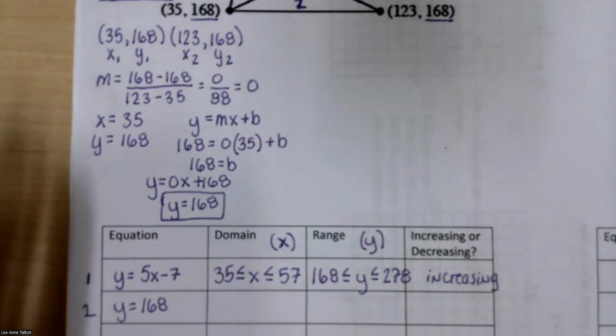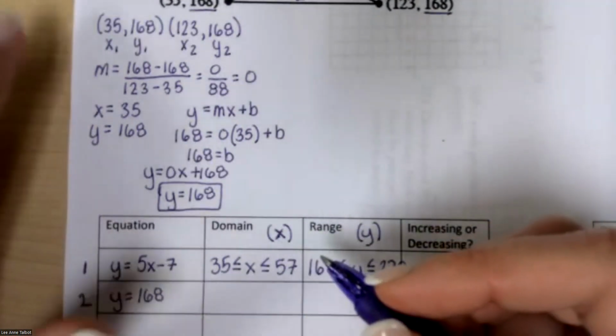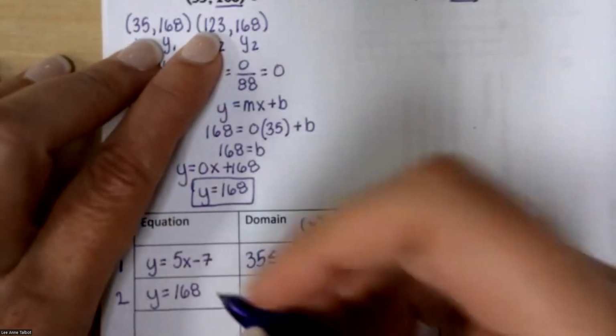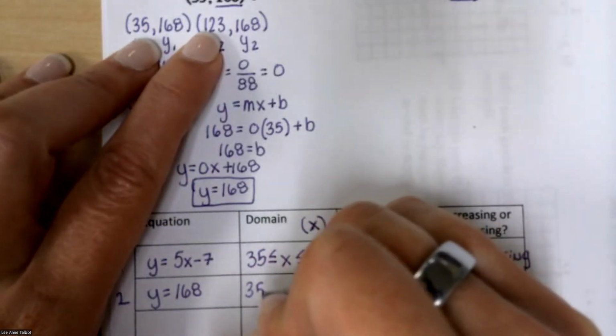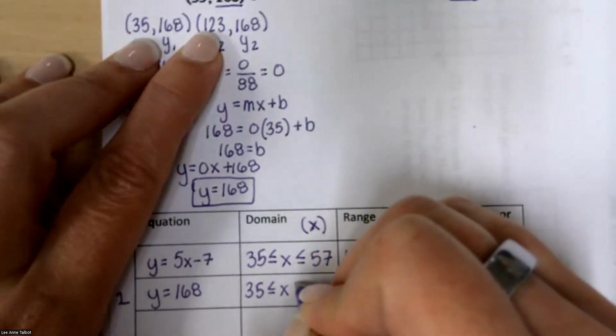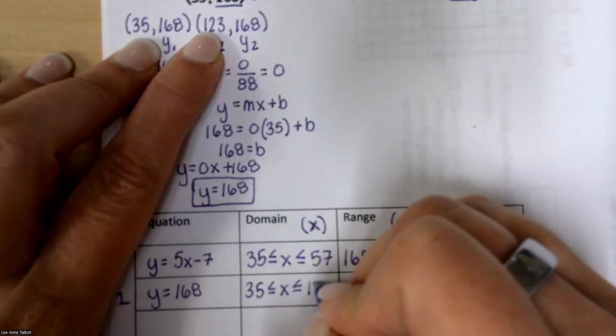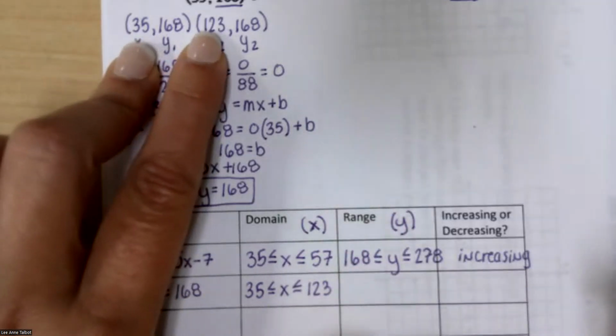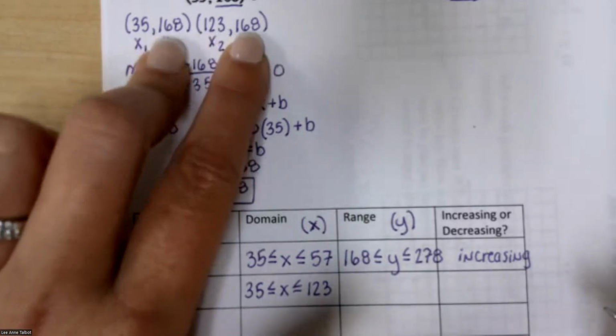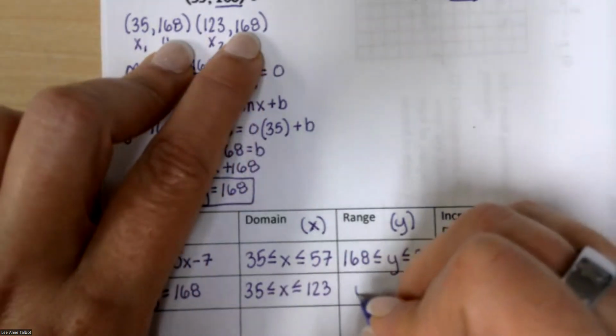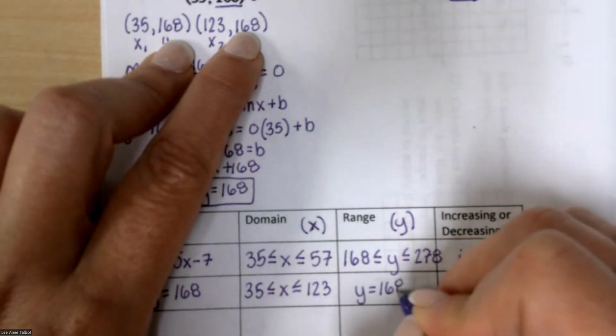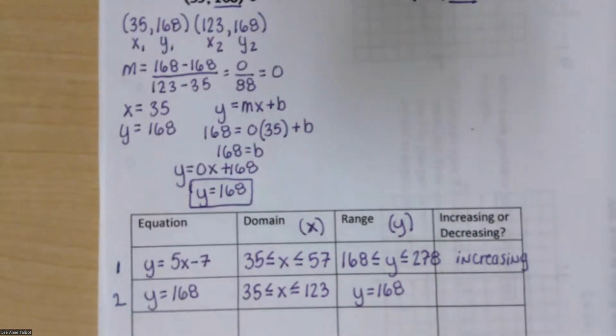Jalen, what's up? 0x, no, never. Okay, now let's do the domain and range. So domain is 35 is less than or equal to x is less than or equal to 123. And the range is y equals 168. There's just one number for the range.